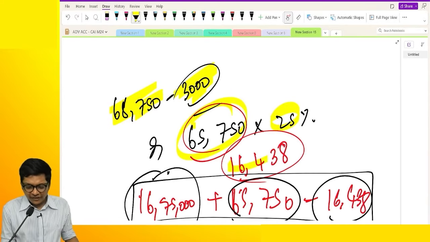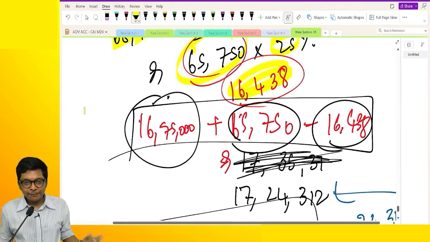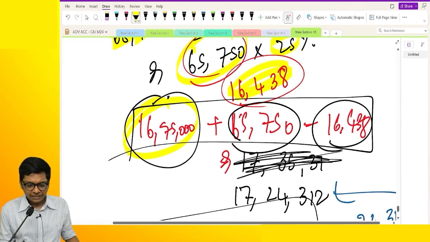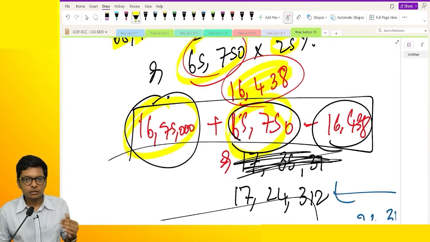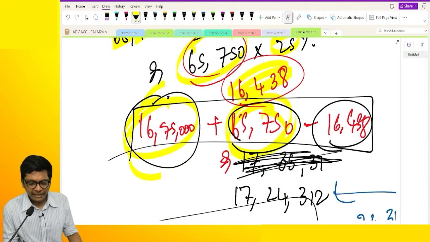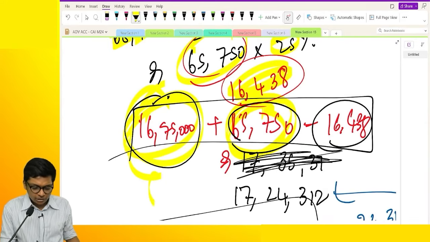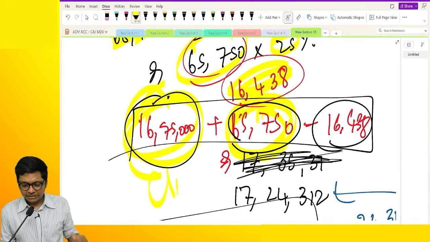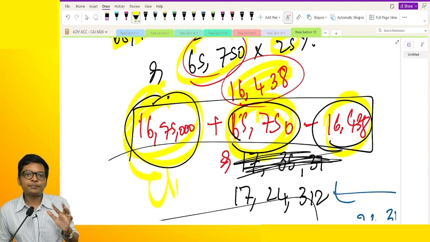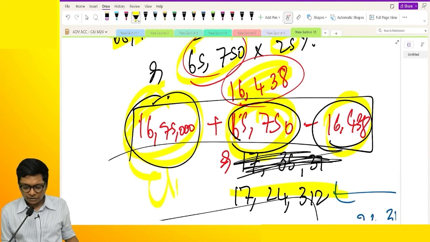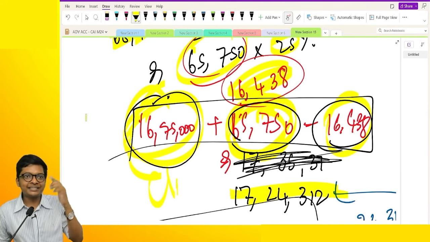On the balance sales, we find the profit, and in the previous sum, we did closing stock, add back sales minus profit. We got 17,24,312. Are you all understanding this?